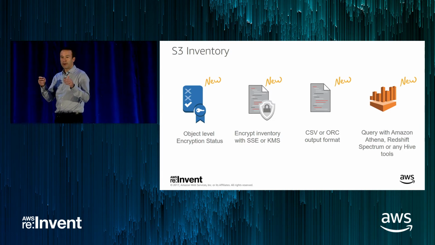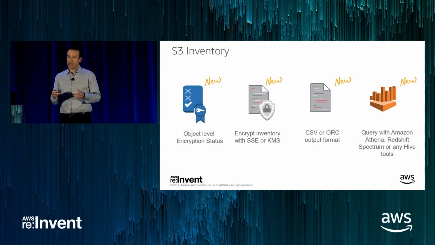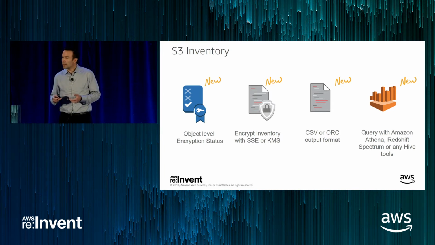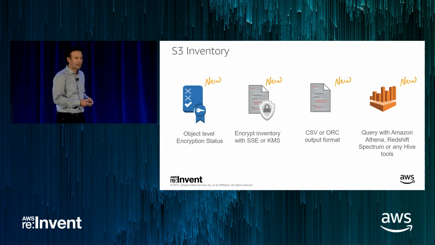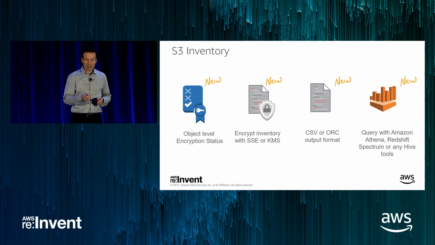So if you recall, one of the new things was being able to require encryption now, default encryption on a bucket. But how do I understand what's already there? How do I get a list of what is currently in that bucket and is it encrypted or not? With this new add-on to inventory, you can now do that.